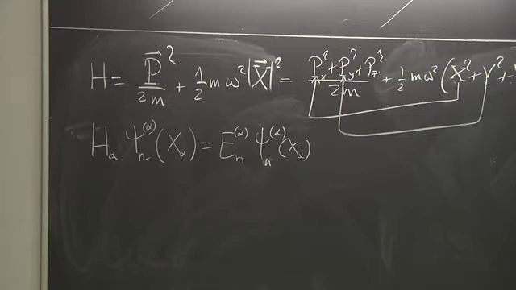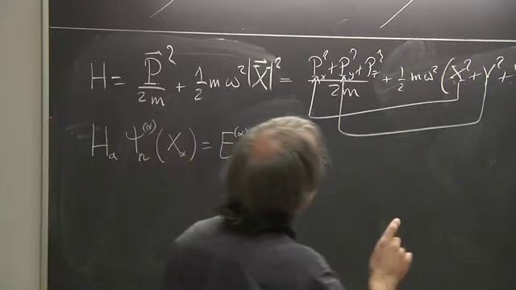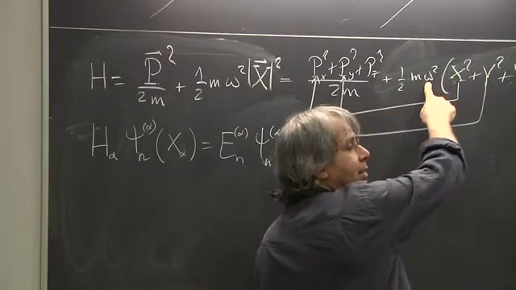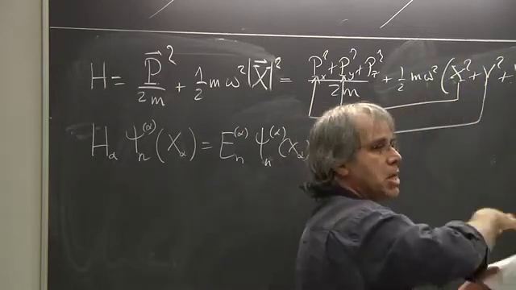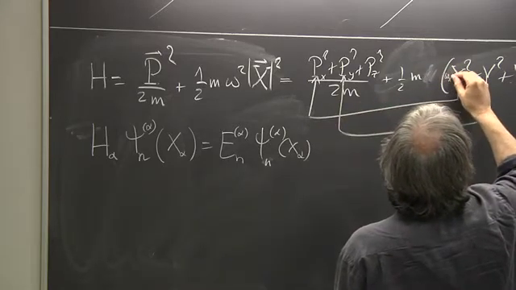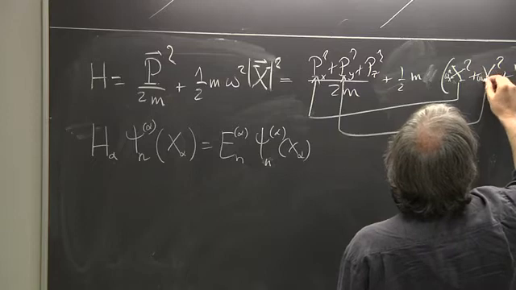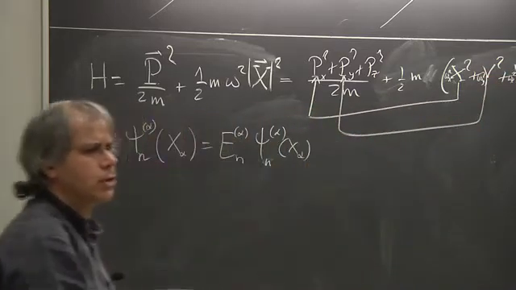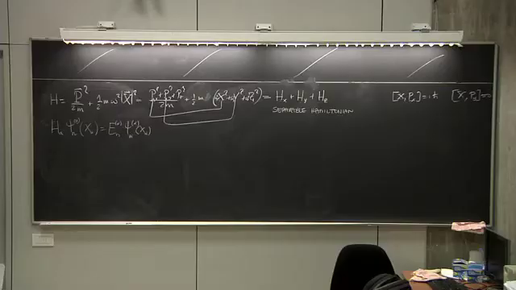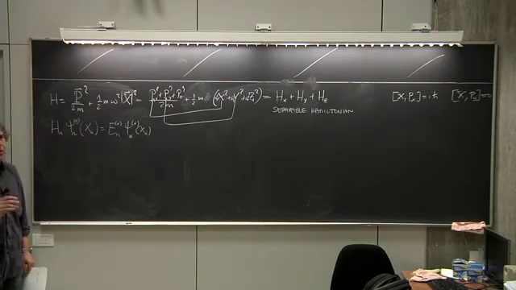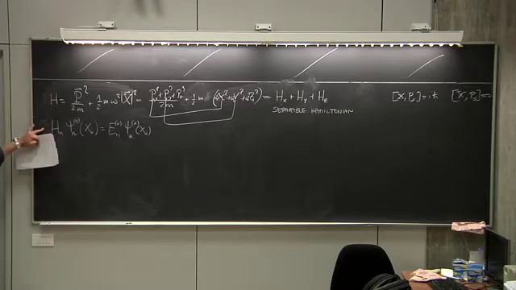Obviously, they are essentially the same problem, although I might even allow myself some freedom in omega. Rather than being a sphere, this might be an ellipsoid. So, for instance, omega x squared might be different from omega y squared and omega z squared. You have more freedom than what I was really doing before. But nevertheless, I can essentially solve the three in identical ways, apart from a change of parameter, possibly. I know how to do this.